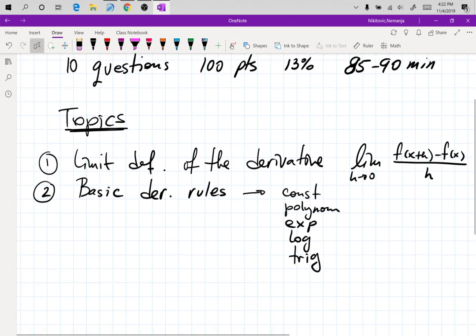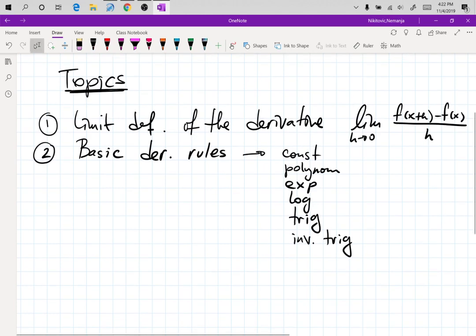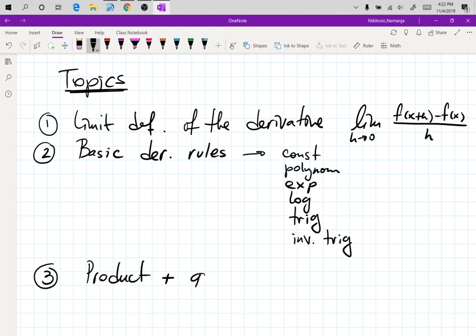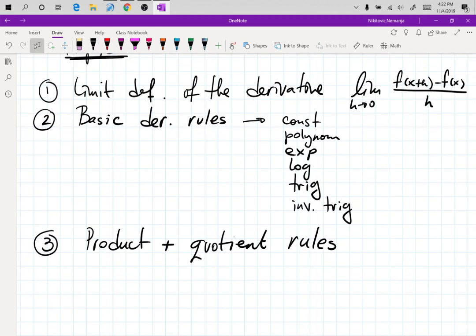So basic derivatives with formulas, inverse trig. So those basic formulas, and then we go with the product plus quotient rules, which are the two formulas you have there.